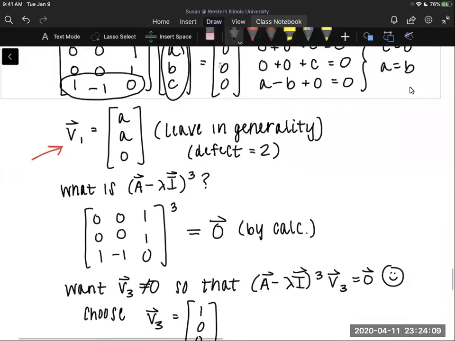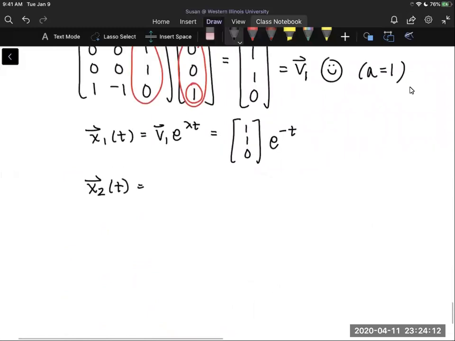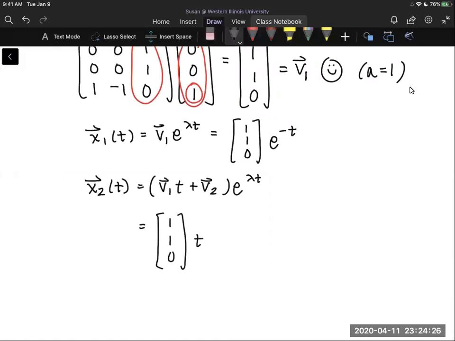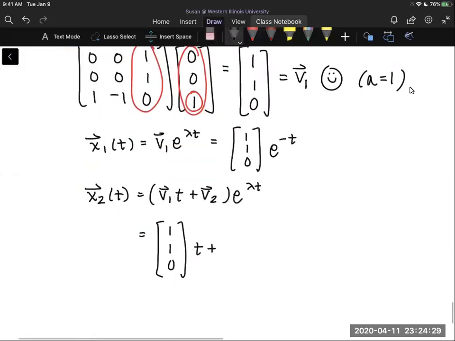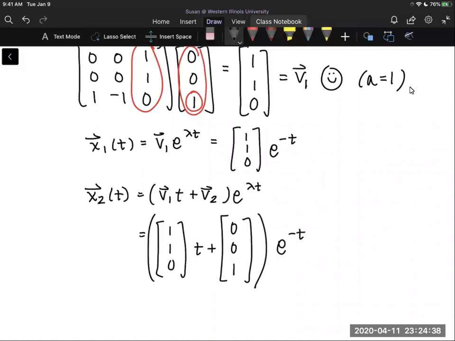So let's copy that down here. And so in our case, that's going to give us (1, 1, 0 t plus v2, which was 0, 0, 1), that whole expression times e to the negative t. And I'm going to go ahead and just condense that a little bit, and I'll write it as t, t, 1 e to the negative t.